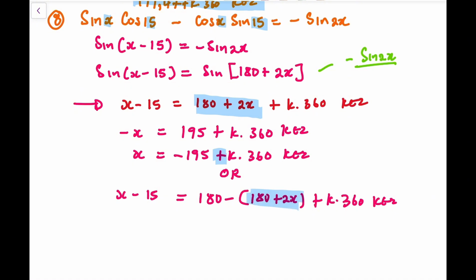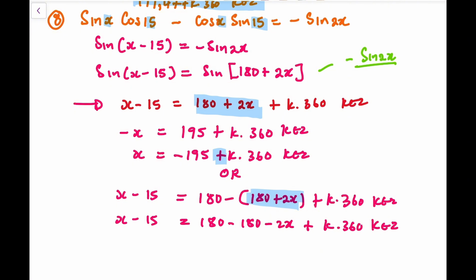Now, remove the brackets and solve for x again. So we are going to have x minus 15 is equal to 180 minus 180 minus 2x plus k multiplied by 360, where k is an element of all integers.